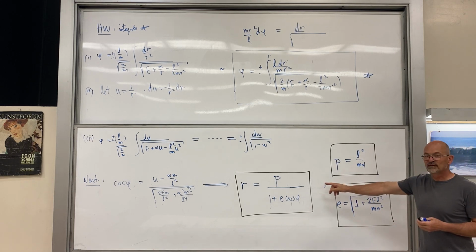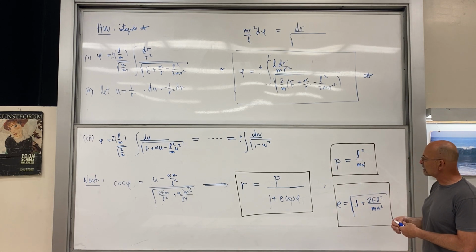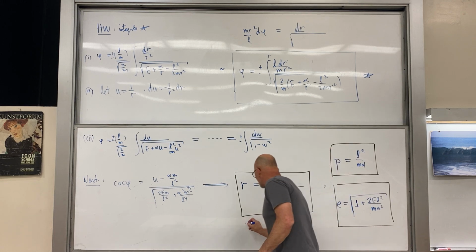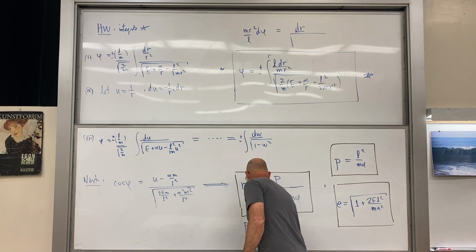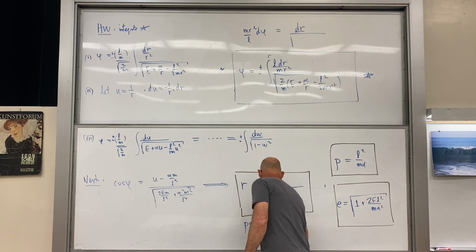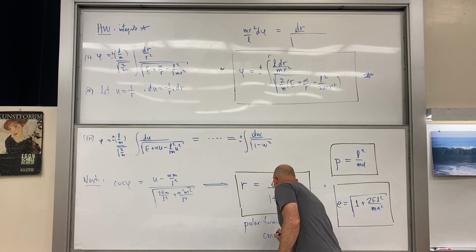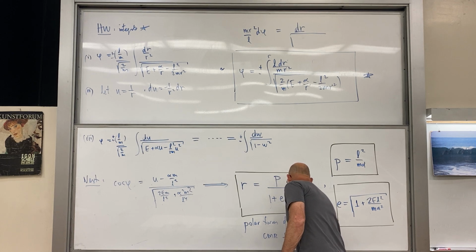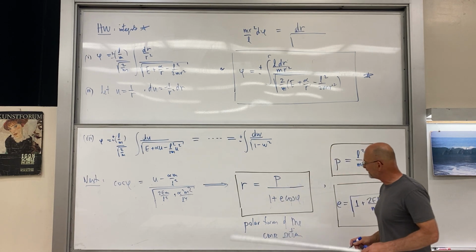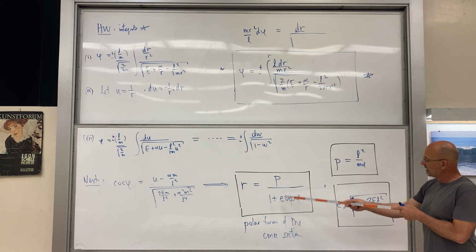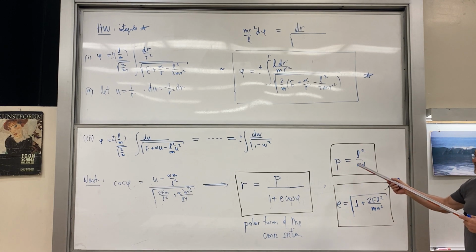We have to now make heads or tails of this. This is the polar form of the conic sections. But you see, it's not just a geometrical formula, because all of our physics is built in here.